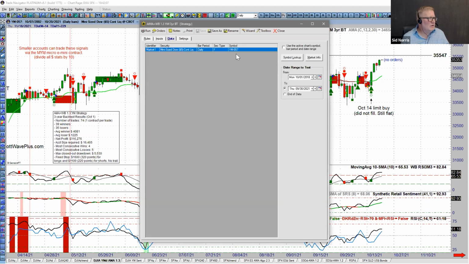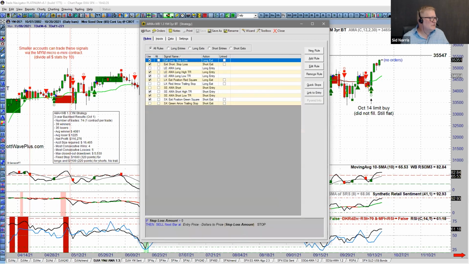And I set the back test period for the last 3 years running up to the end of the most recent quarter. So this back test ran from October 1 of 2018 through September 30 of 2021.